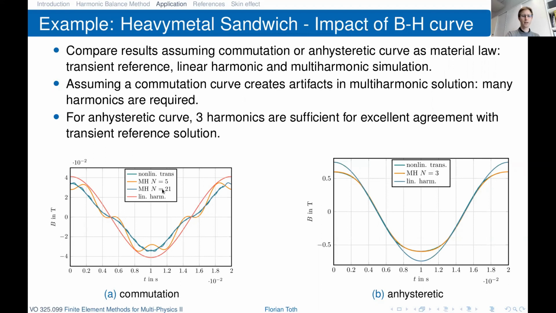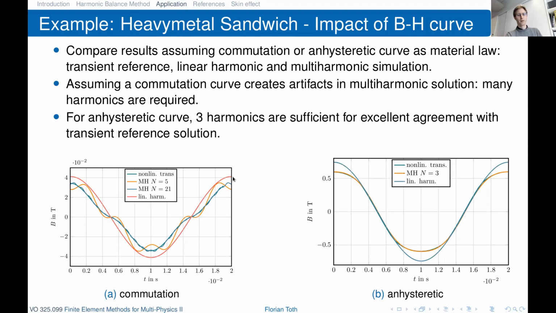If we increase the number of harmonics to 21, which is a really high value and only suitable for such a small example, we see that we converge to this transient reference solution. However, we still have substantial oscillations. If we take the linear harmonic simulation, of course, we're quite off since we can't properly approximate the nonlinear material law.